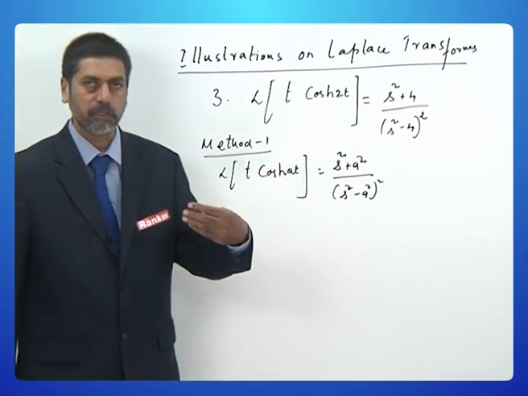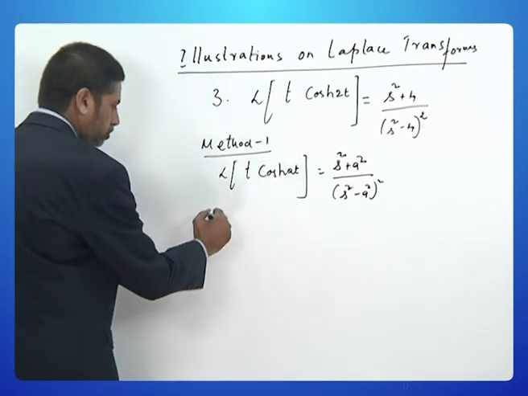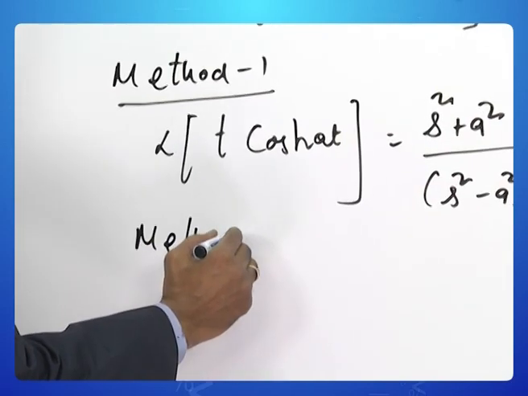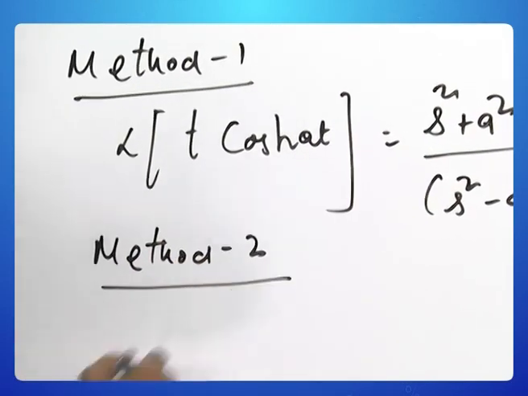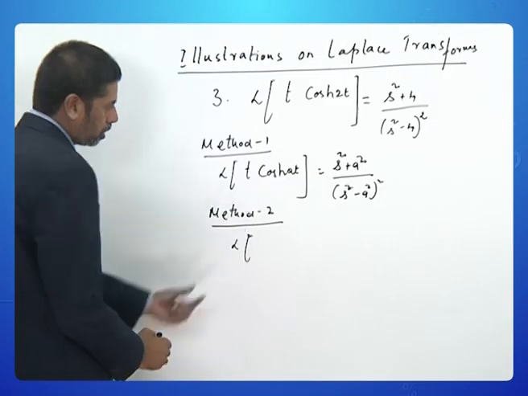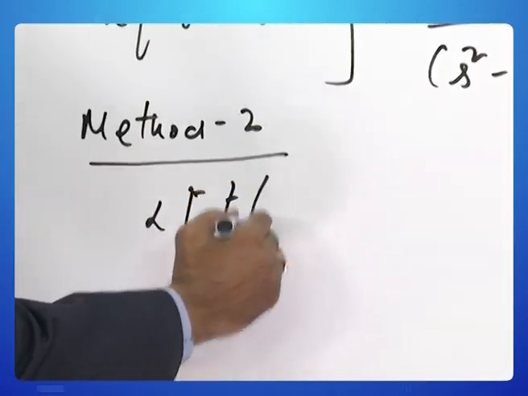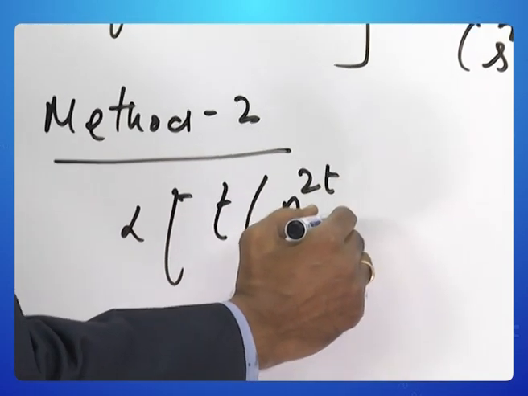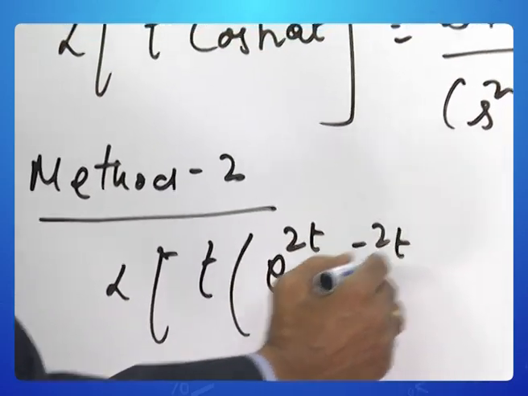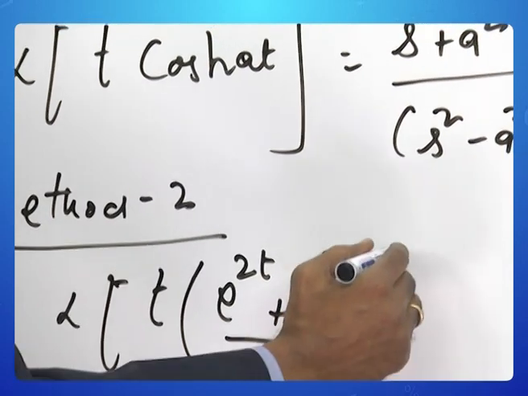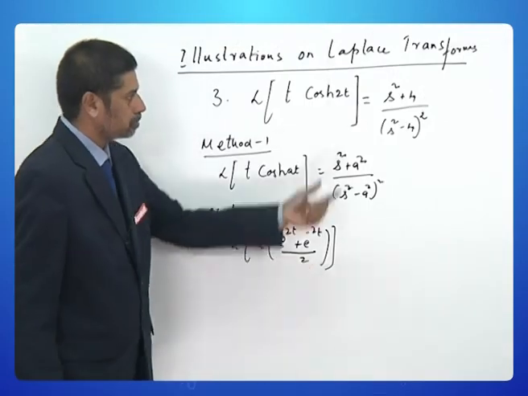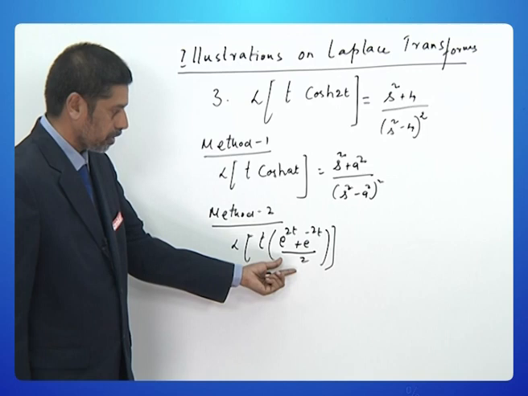But what is the second method? You write the definition of cosh 2t as e power 2t plus e power minus 2t by 2. Okay, definition of cosh 2t.